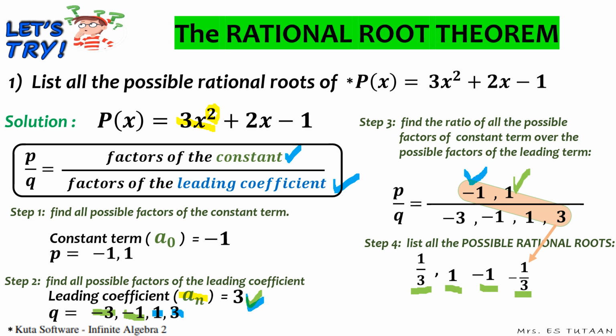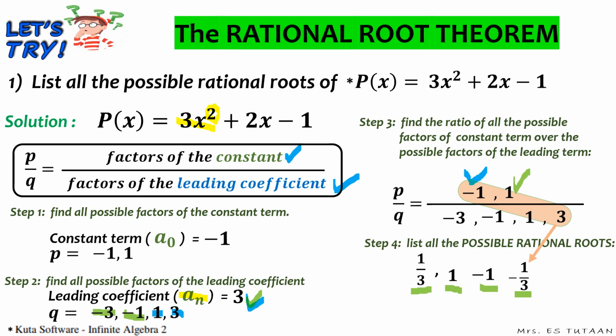Negative 1/3, 1, negative 1, negative 1/3. Diyan lang. So, hindi pwedeng magkaroon ng ibang roots na wala dyan sa apat na niyan. So, again, for this lesson, we will only concentrate to all the possible rational roots of the given polynomial.